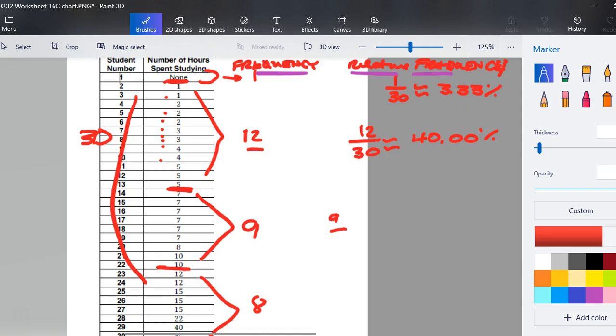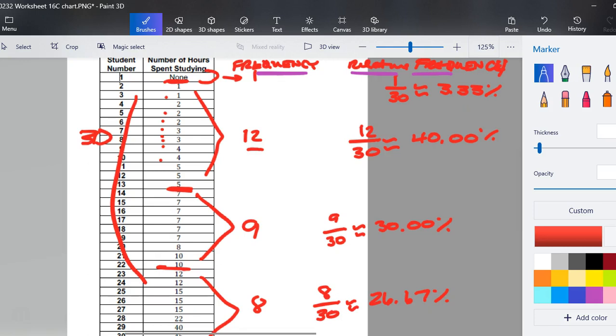Continuing on, this is 9 out of the 30. When I divide and multiply by 100, I get 30 or 30.00, and 30 is fine. And then on the last one, 8 out of my 30 gets us at 26.67%.